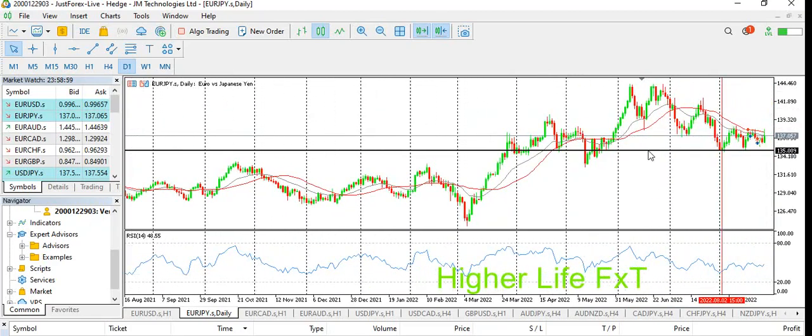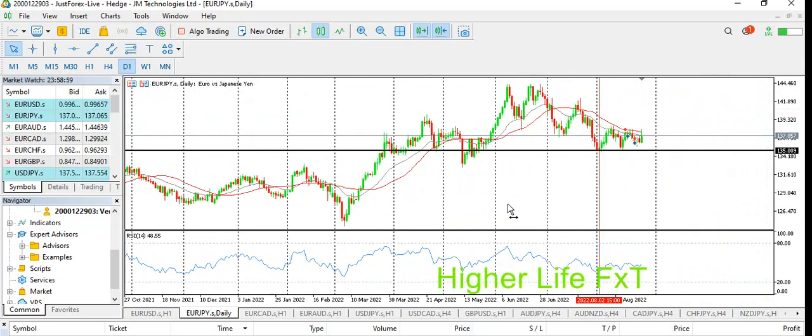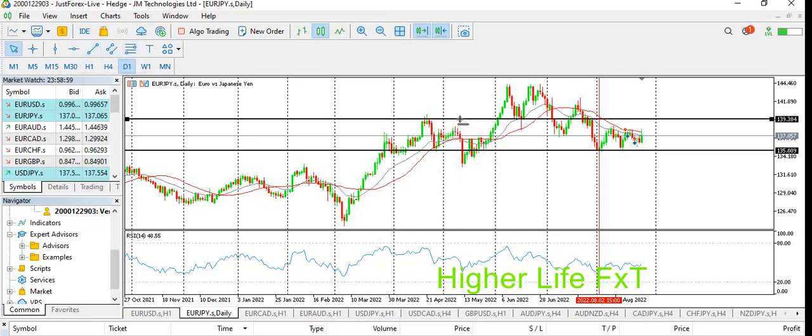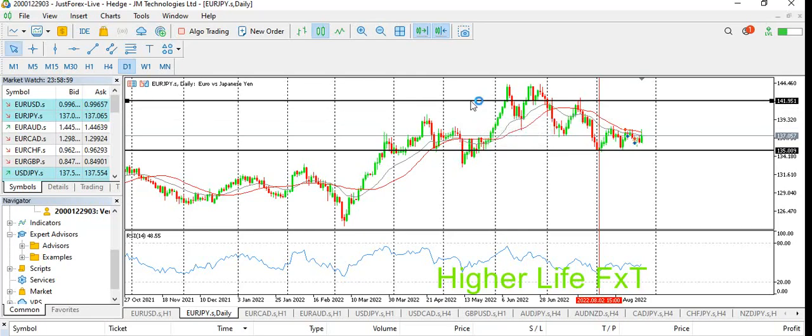Now, when it comes to resistance, resistance is when we are going up on an uptrend. When we are in an uptrend and we get to a place where price cannot pass a certain area, or it keeps bouncing from that area, we call it a resistance.